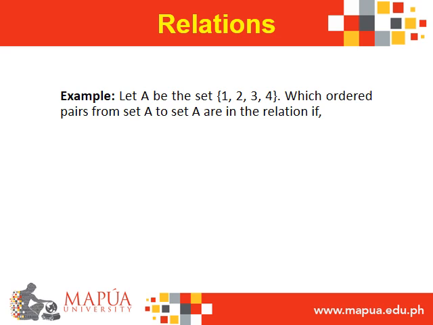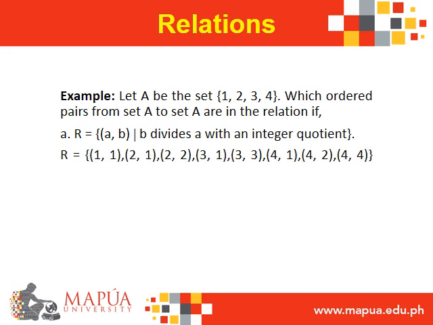Let's evaluate this example. Let's say set A contains values 1 to 4, and we're forming relations from set A to set A following this given property: element B divides element A with an integer quotient. Therefore, the following ordered pairs can be formed: 1,1, 2,1, 2,2, 3,1, 3,3, 4,1, 4,2, and 4,4.